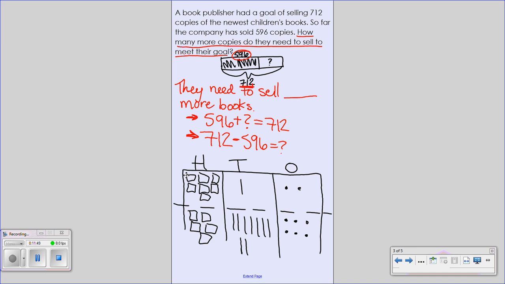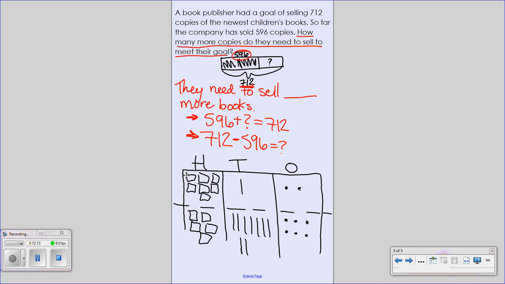I have to start with what I have. What do I have as a goal for this problem? What's my goal, Damien? 712. Yeah, my goal is 712. That means I have to start with 712. That's my big bar.